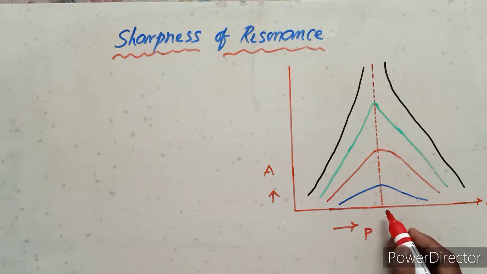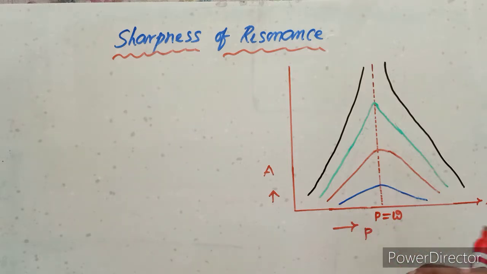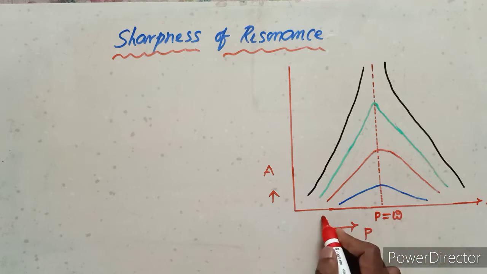This is the resonant frequency. In this case p is approximately equal to omega.